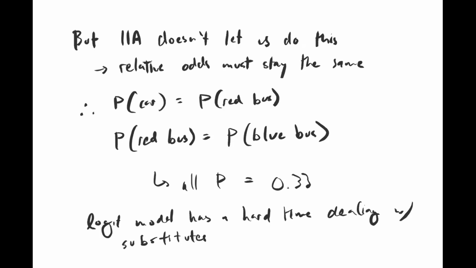IIA is a common issue, and it can have strong implications on your modeling outcomes, depending on the number of choices and substitution between different outcomes in your data set. That's just one of the more important nuances of this type of modeling to know about and to consider.